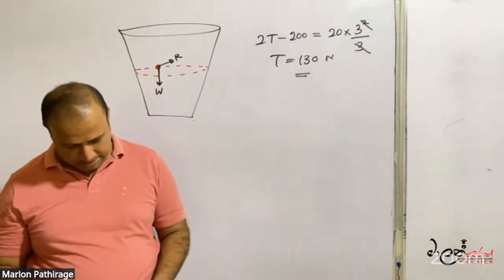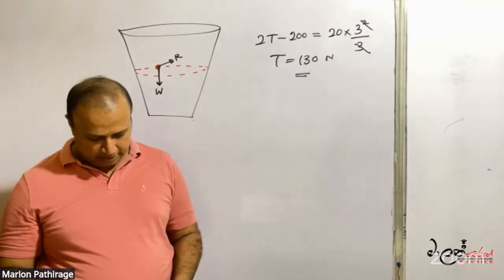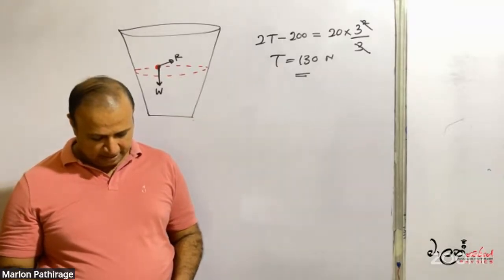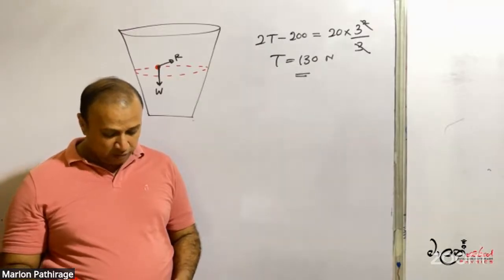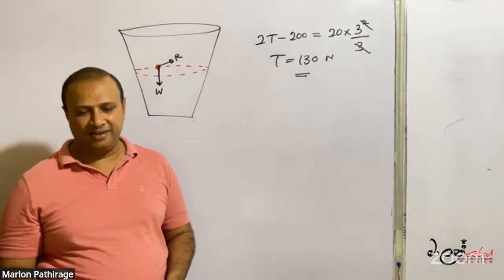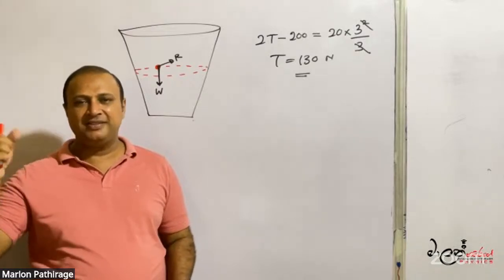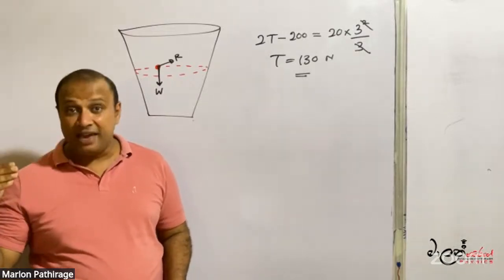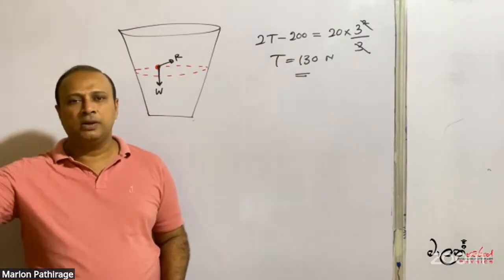The period of rotation of this car is capital T. The car is then sped up until it is moving in a circle of radius 3r. Now the speed is increased, and as the speed is increased, the radius also increases.